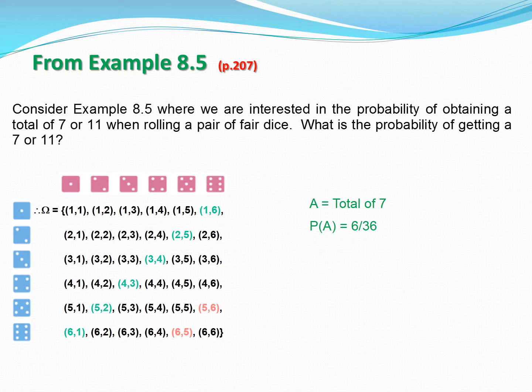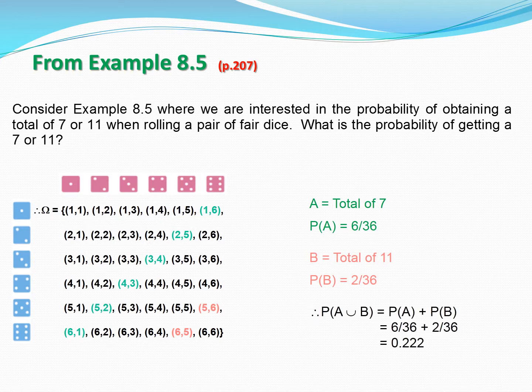So we are going to consider these two outcomes for event B. So the probability of event B will be 2 over 36. So if we apply the additive law to get the probability of getting a 7 or 11, we just add those two probabilities, so your probability will be 0.222.